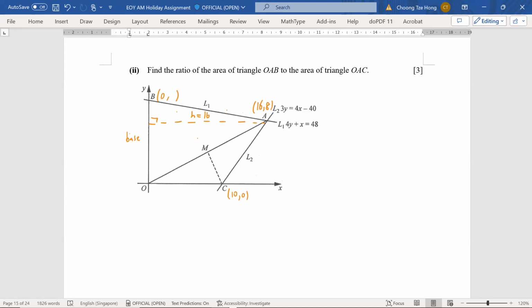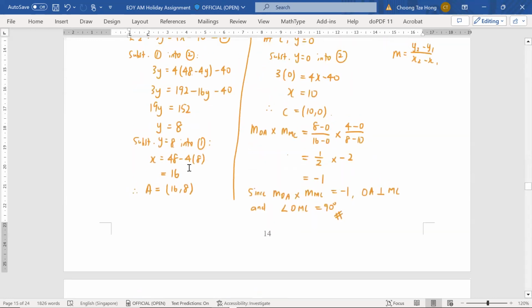B lies on L1, so we substitute x equals 0 into the equation of L1, then we find the y coordinate of B. So let's do that. At B, x equals 0, so substitute x equals 0 into equation 1, which is over here on top.